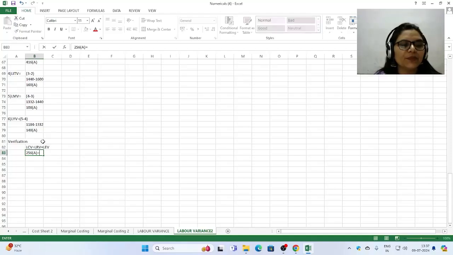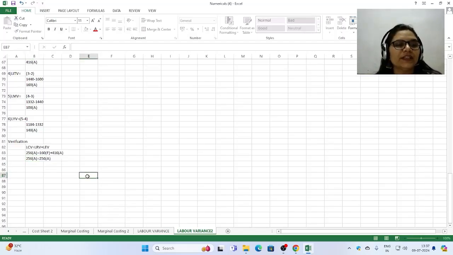It is 160 favorable plus 416 adverse. So 256 adverse is equal to, if you solve this equation, you will get 256 adverse. So hence this particular equation is verified.